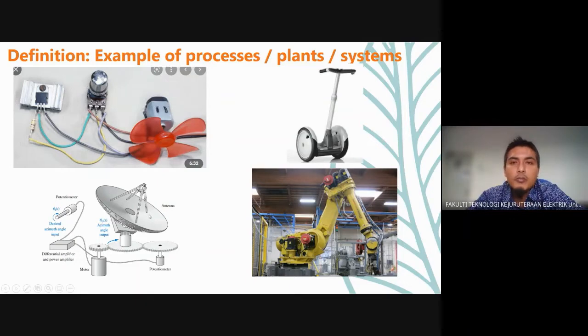Okay, control system. According to the previous semester, you focused on two types of systems, electrical and mechanical systems. In this semester it will be the same. You will focus on the same systems, electrical and mechanical systems.